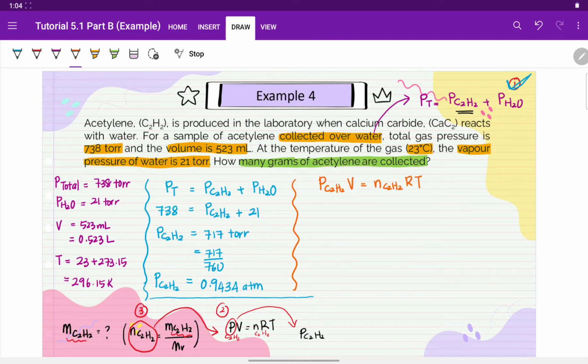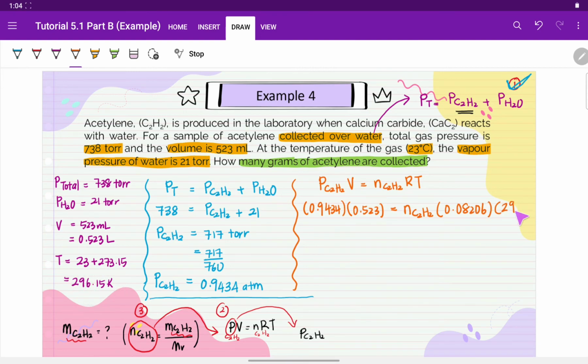So, substitutekan saja. Okay, so 0.9434. Volume dekat sini, okay, gunakan yang dalam liter sebab this is ideal gas equation. 523. Okay, number of mole yang kita nak cari C2H2. Okay, R 0.08206. Temperature, use the one in Kelvin.